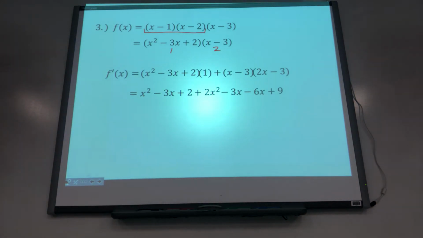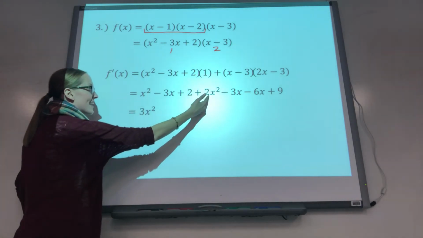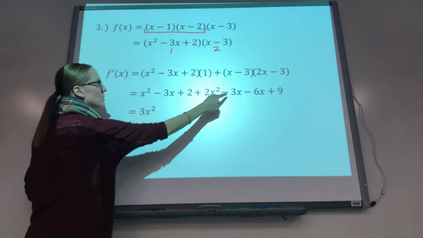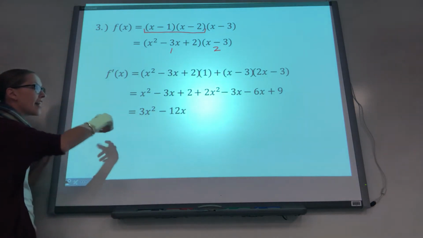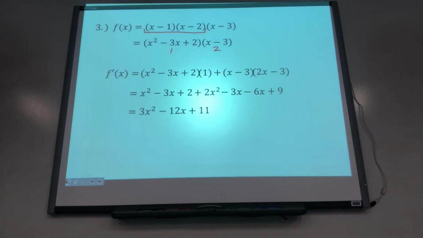It's refreshing when there's no fractions here to work with. So 3x squared, this would be a minus 12x, and then plus 11. That is our derivative. Okay, a lot of times with derivatives, you have to simplify the function first before you can actually take the derivative. Any questions about example 3?